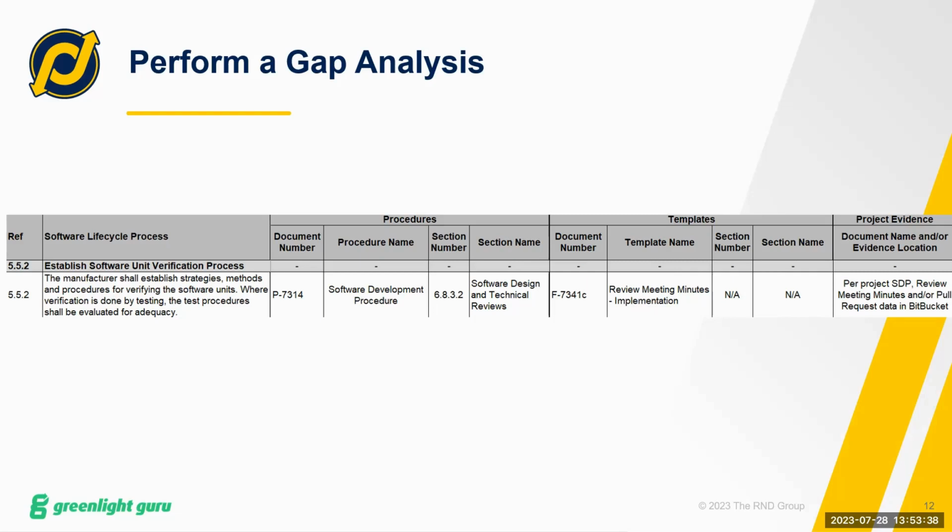But regardless of whichever method you use, you have it defined in your software development plan. And just as a reminder, if you're using a tool to track or maintain a record of evidence of following your process, it needs to be validated. So of course, in our case, we have Bitbucket validated.